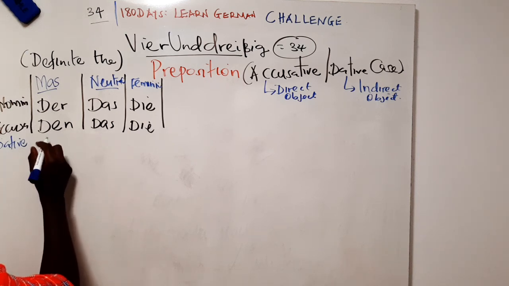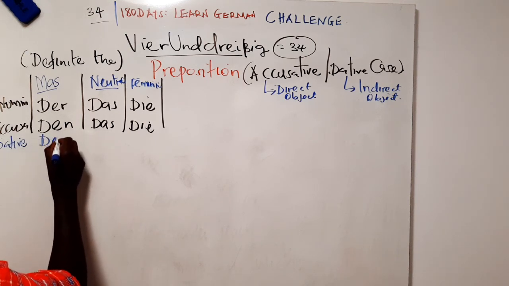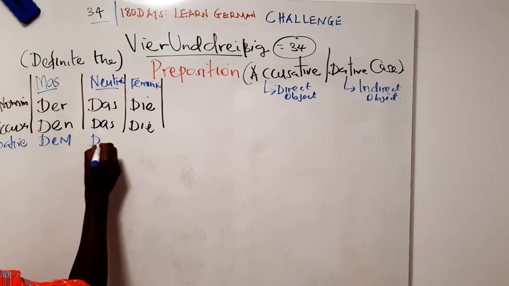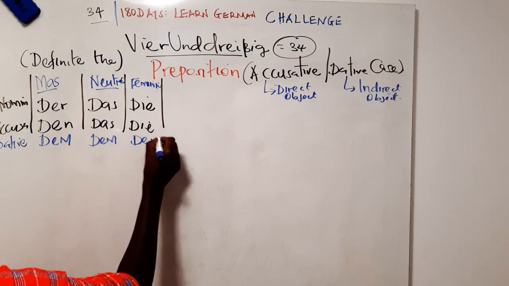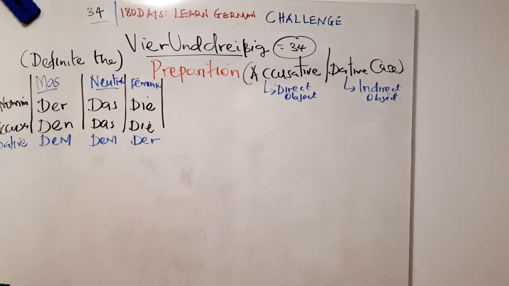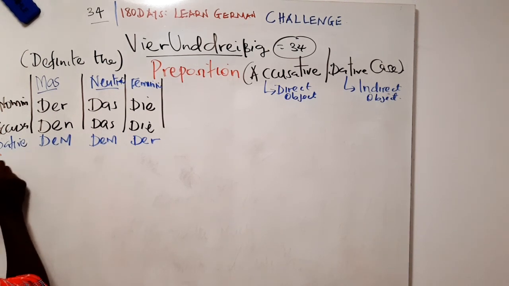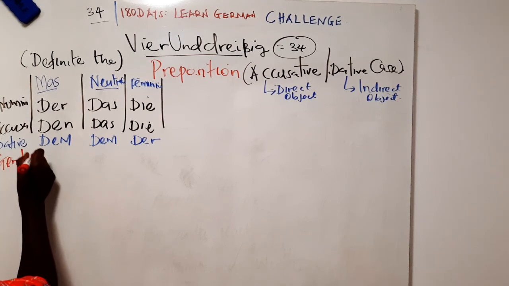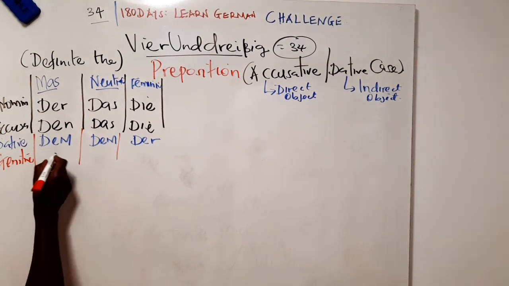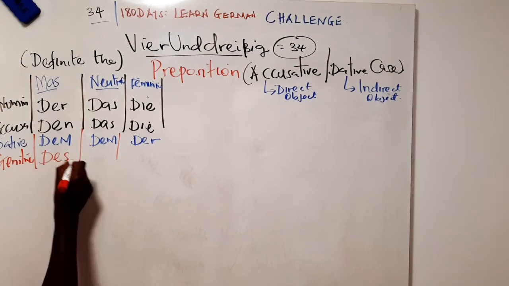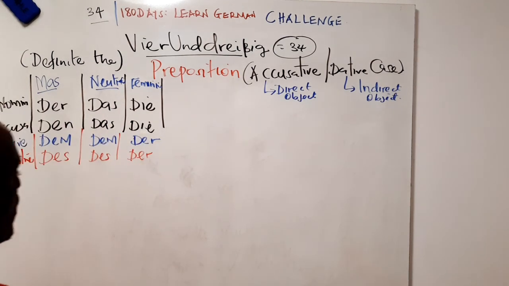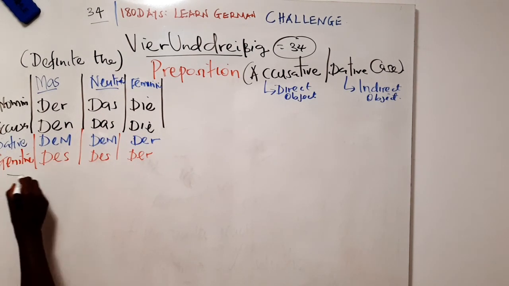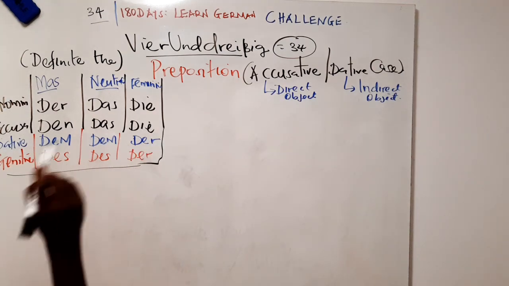So this one will be dem, this one also will be dem, but this one will be der. What about the last case, genitive? Then this one will be des, des, der. So these ones are important because we'll use them when creating our sentences.